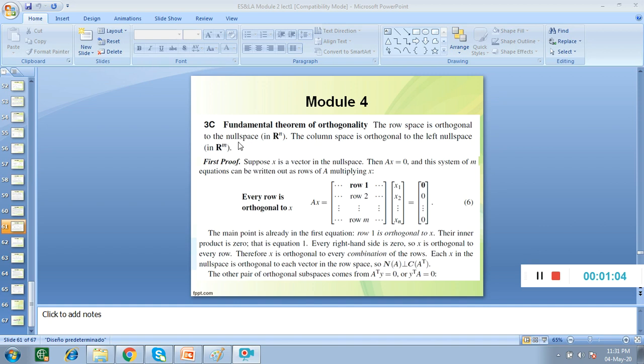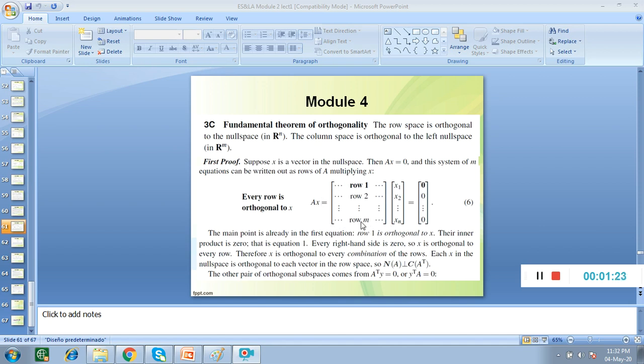So we know what the null space is. The null space means Ax is equal to 0, whatever the values of these x unknowns are, depending upon the m and n values of this matrix.